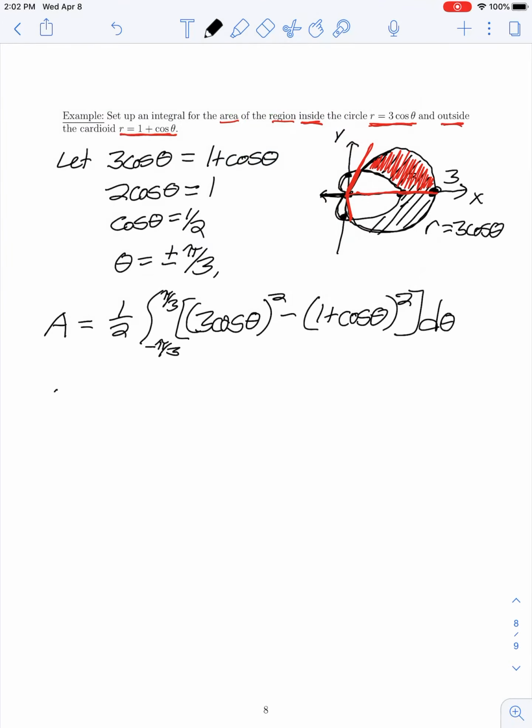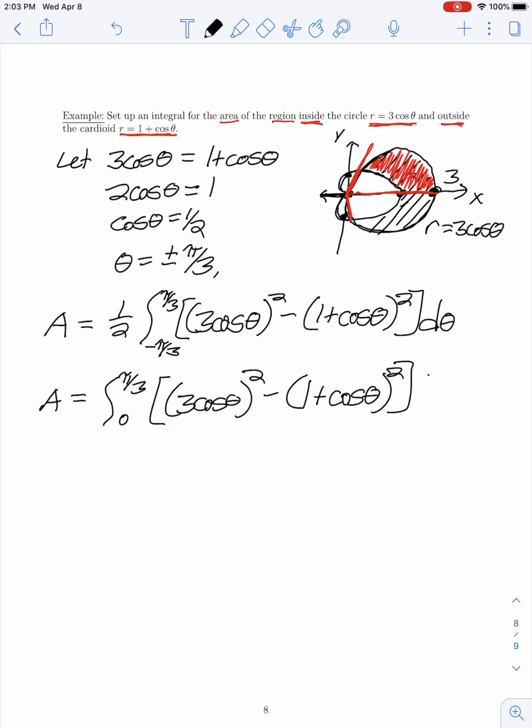So making use of symmetry, another way we could set up this integral would be as 2 times this 1/2, which would give us 1, times the integral from 0 to pi over 3 of our 3 cosine theta squared minus 1 plus cosine of theta quantity squared d theta.